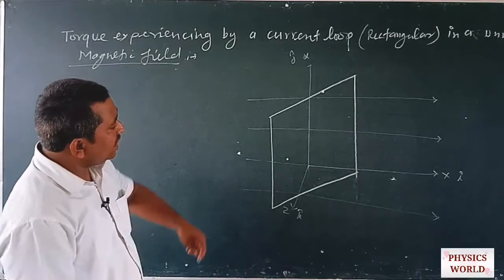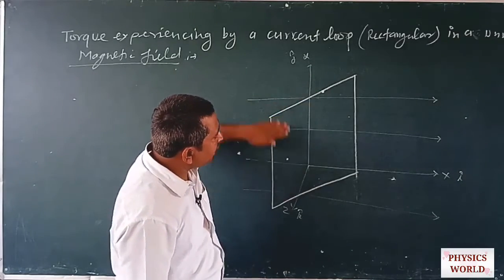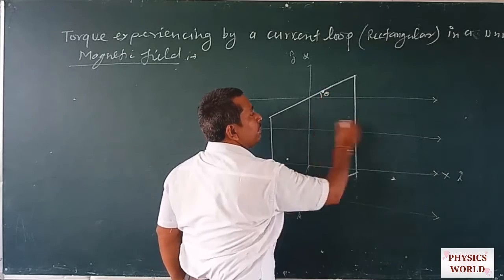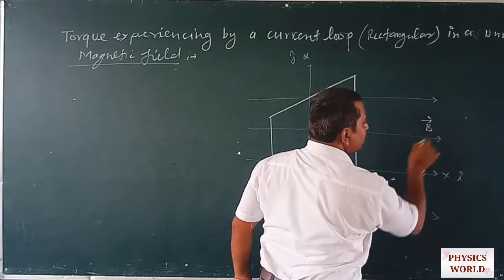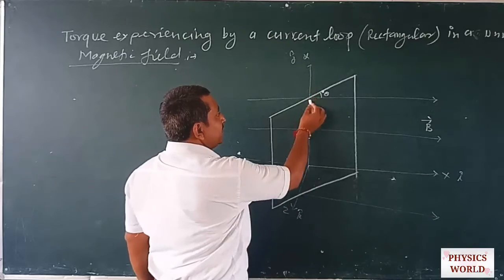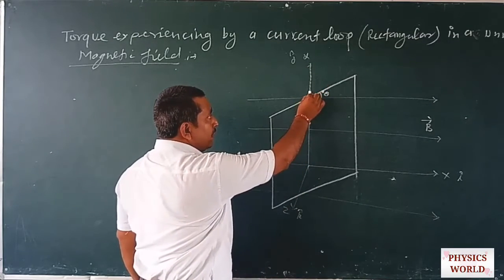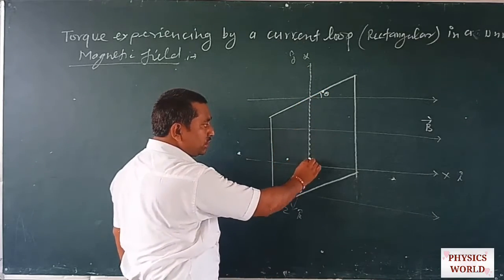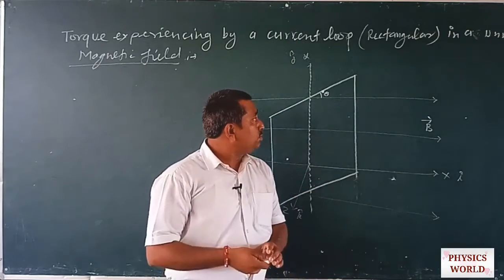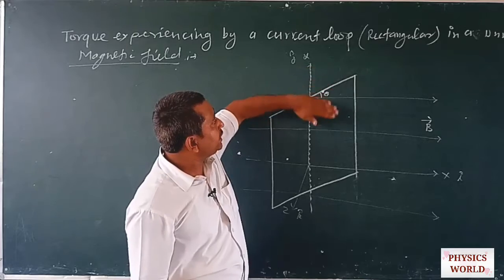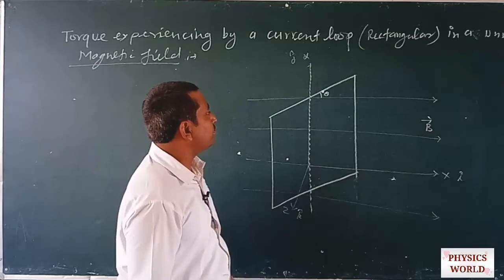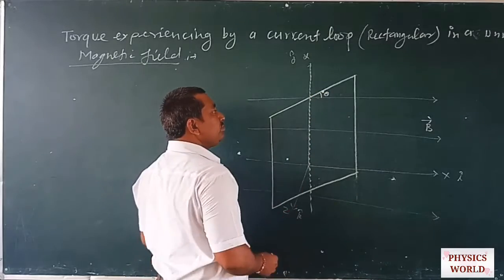The plane of this coil makes an angle theta with the direction of the magnetic field, which is lying along the x-axis. The axis of the coil about which it is free to rotate is along the y-axis, and the angle made by the plane of the coil with the direction of the magnetic field at any instant is theta.